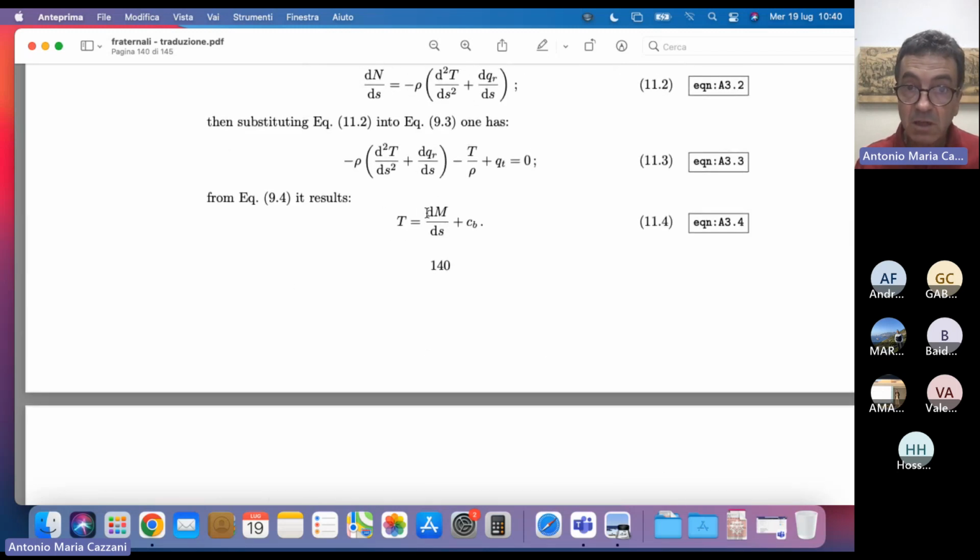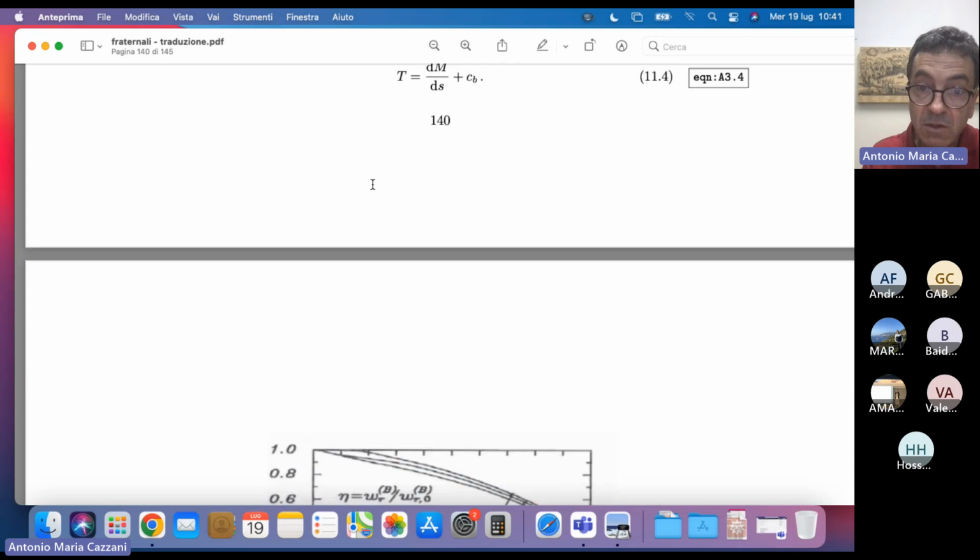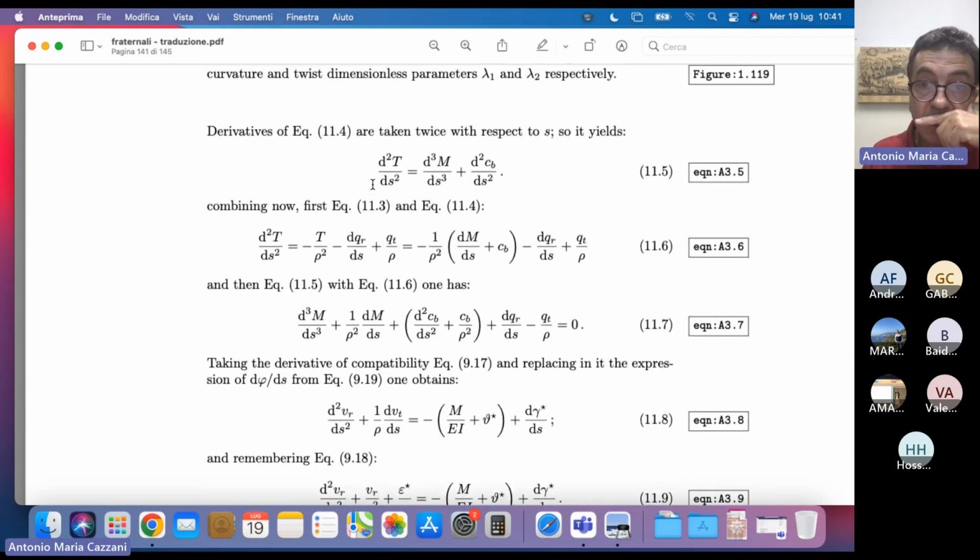So the basic idea is to express everything in terms of the bending moment. So we can replace in this equation the value of t we have here, and then taking the second derivative of this and replacing it, we will get a differential equation which contains only the bending moment and its derivative. And that is what is done here.